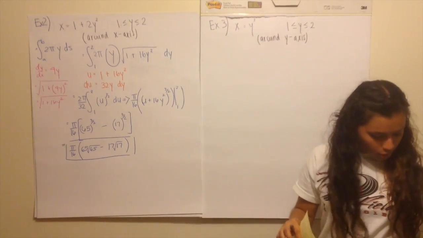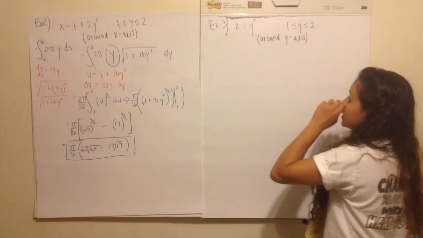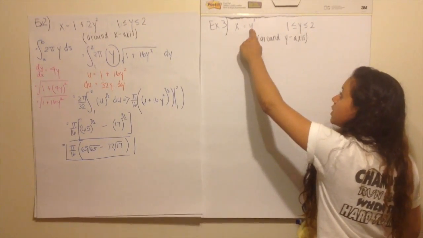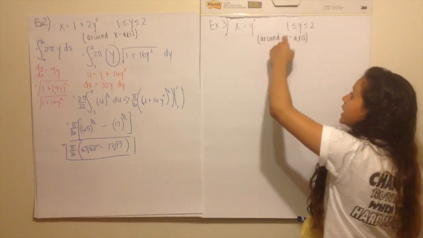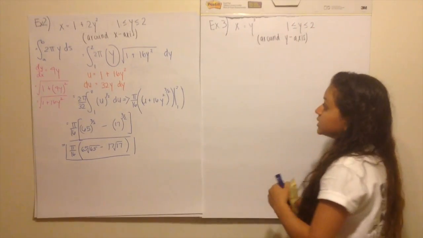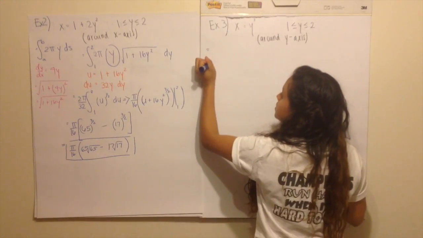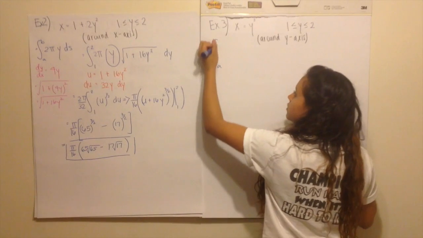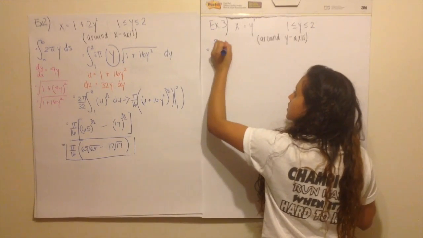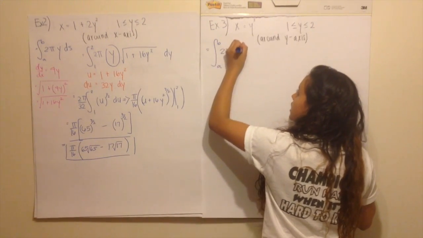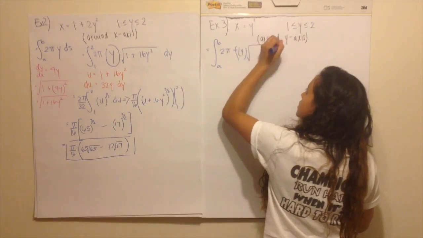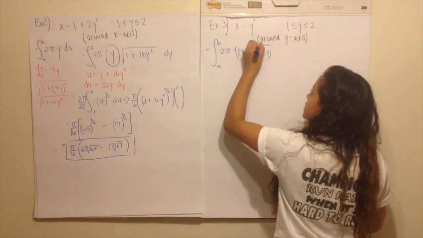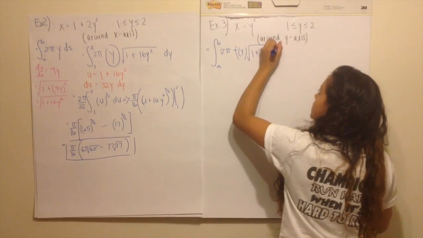Okay, so as you can see, how I like to say it, they pair up. This is in terms of y, and they want us to revolve it around the y-axis. So we get to use our original formula: the integral from a to b, 2 pi f of y, times the arc length, square root of 1 plus f prime of y squared, dy.